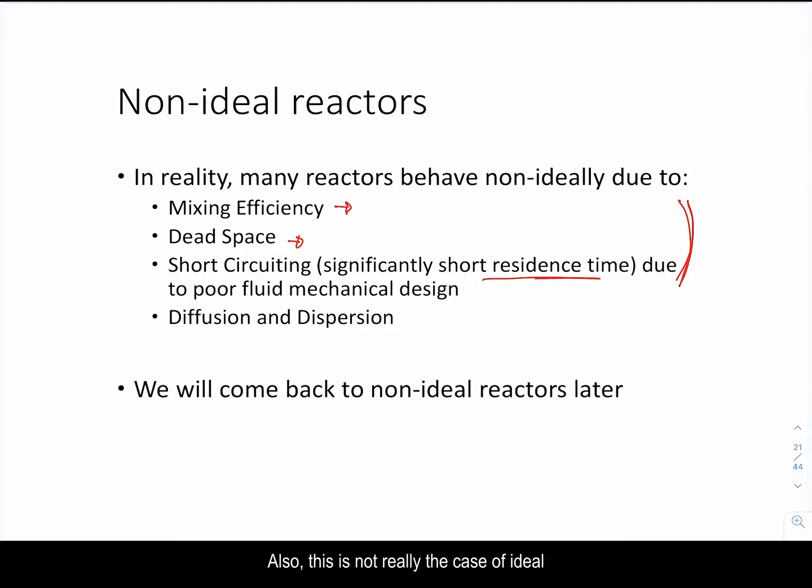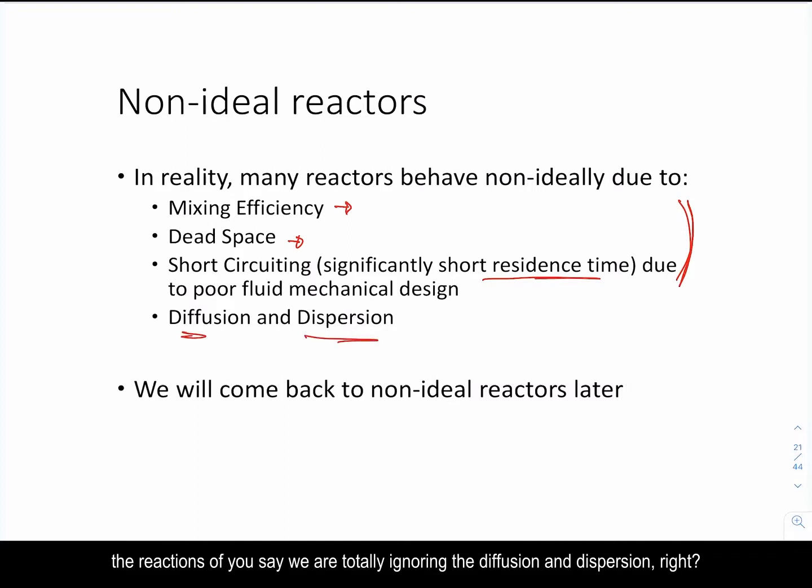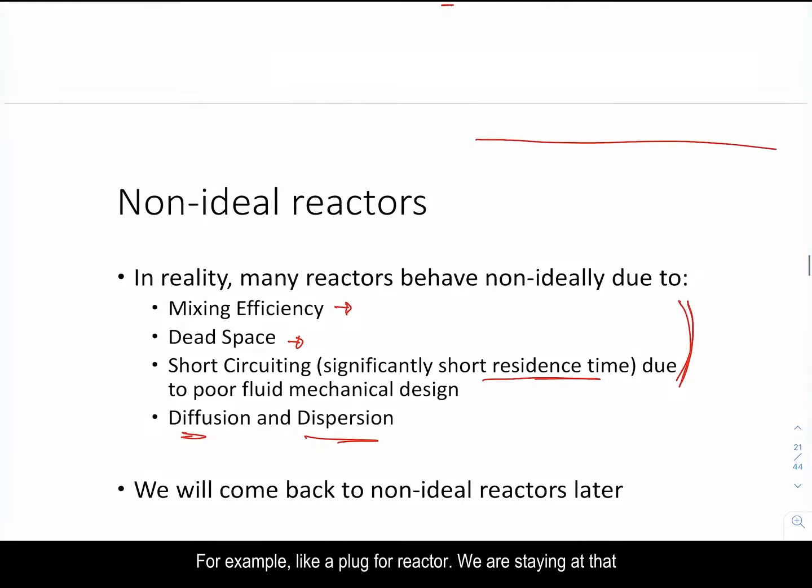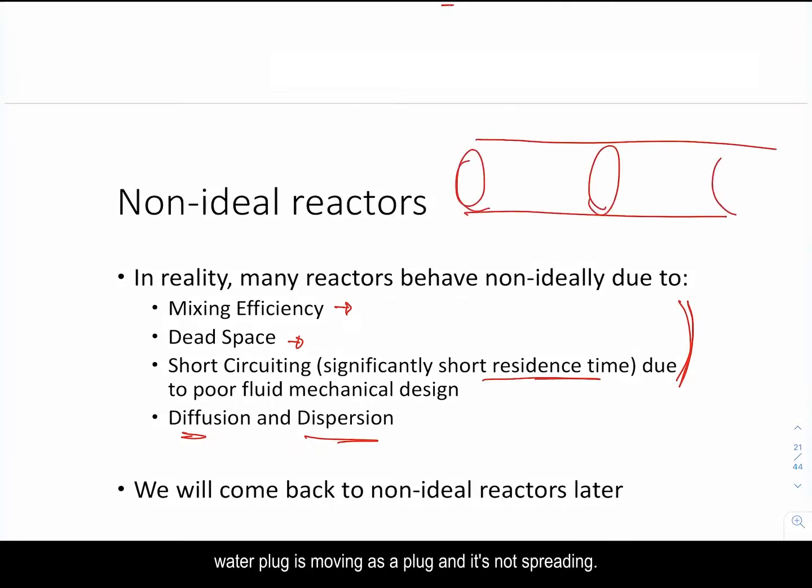Okay. Also, this is not really a case of ideal and non-ideal, but in a lot of the reactions, we are sort of ignoring the diffusion and dispersion, right? For example, with a plug flow reactor, we are saying that the water plug is moving as a plug, and it's not spreading. But you know that that's not really the case, right? If you put water on your desk without any container, you know that it slowly spreads out, right?